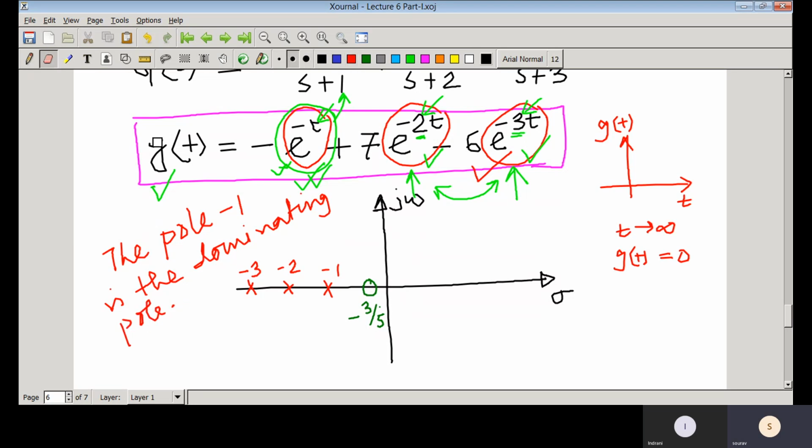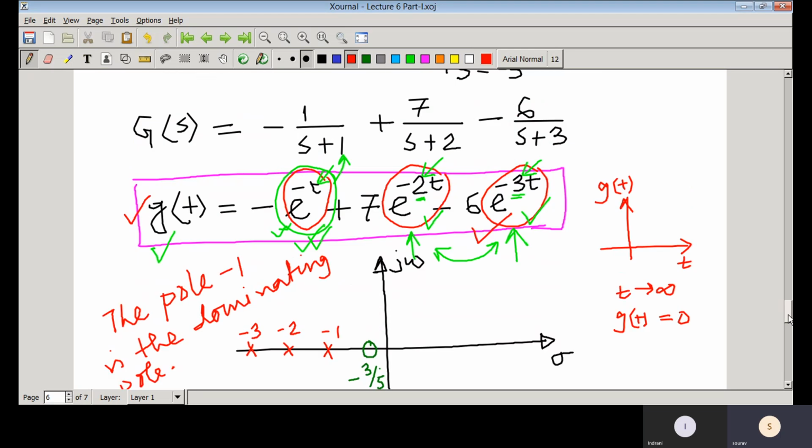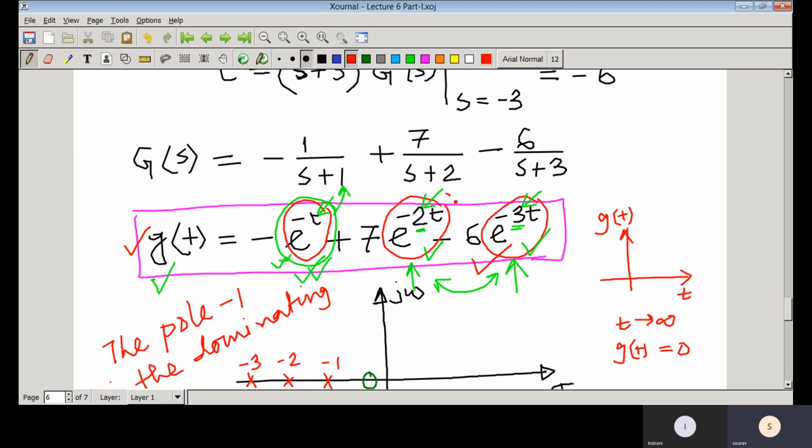If you look at that g(t), in that response you will see the second and third terms, e to the power -2t and e to the power -3t, are associated with the poles -2 and -3.